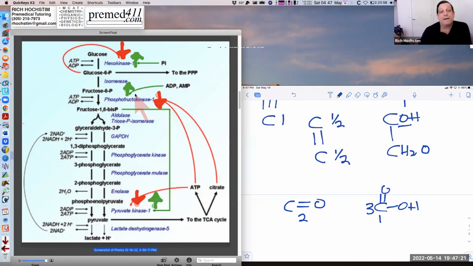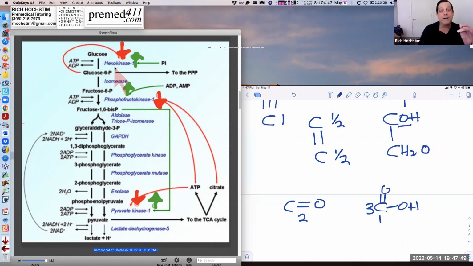So if we're taking glucose and making glucose 6-phosphate, that's the first molecule after glucose, and we have a lot of this, then that's going to downregulate the production of glucose 6-phosphate. In other words, we've got too much product. That means that the enzyme hexokinase will be downregulated. We'll say, turn it down.